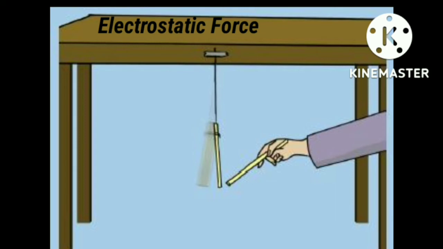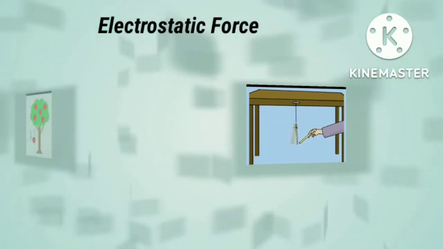Both the straws acquire electrostatic charges. These straws are an example of a charged body. So there is a repulsion between the two charged straws. The force exerted by a charged body on another charged body or an uncharged body is called the electrostatic force. The force comes into play even when the bodies are not in contact. So electrostatic force is an example of a non-contact force.